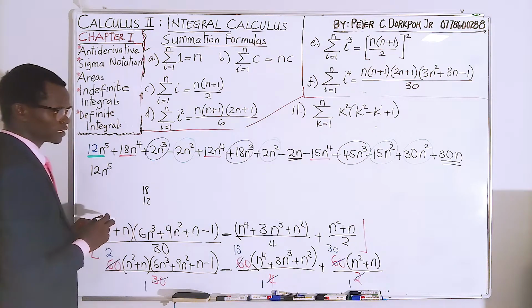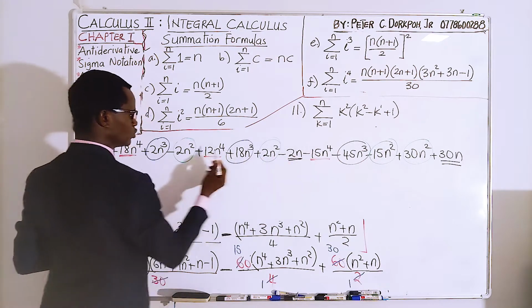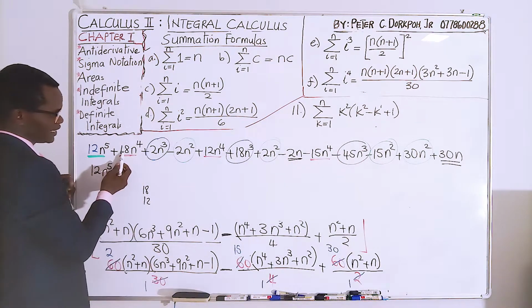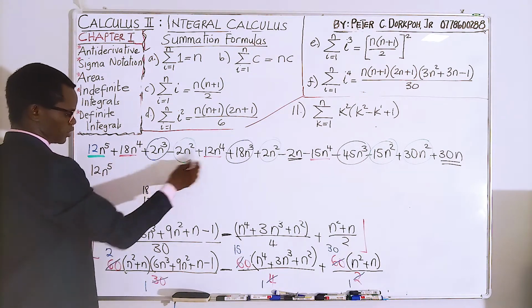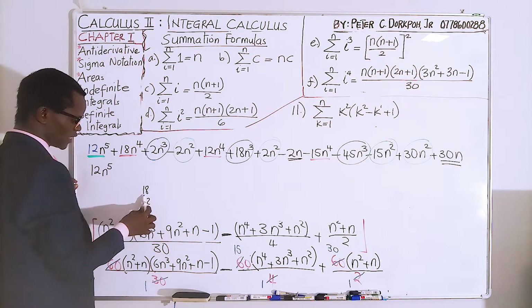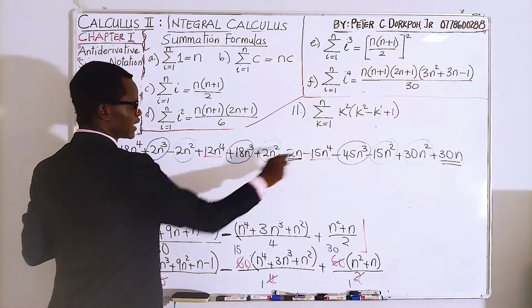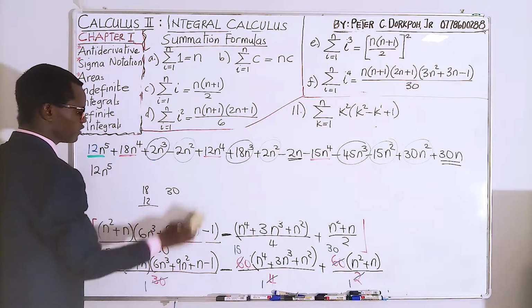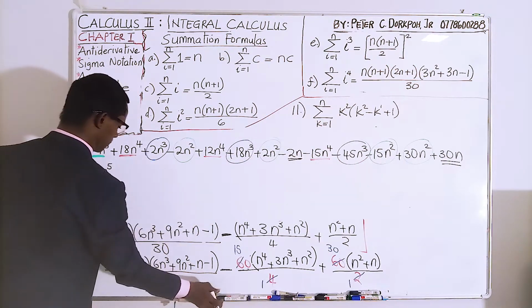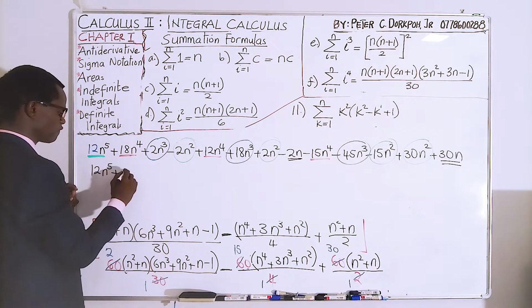Minus 15, because you have 1, 2, and 3. So it's 18 plus 12, which is 30. So 30 now minus 15, you are left with positive 15. So you have positive 15n to the fourth power.